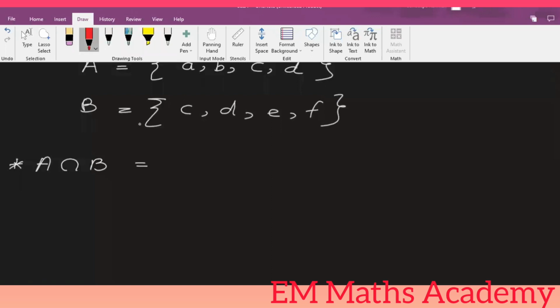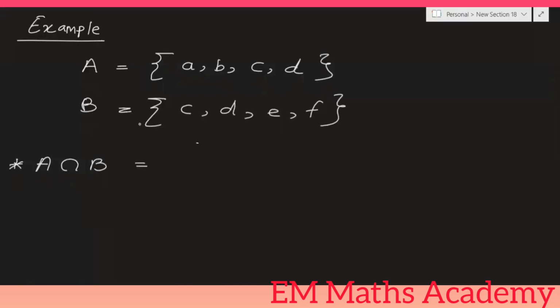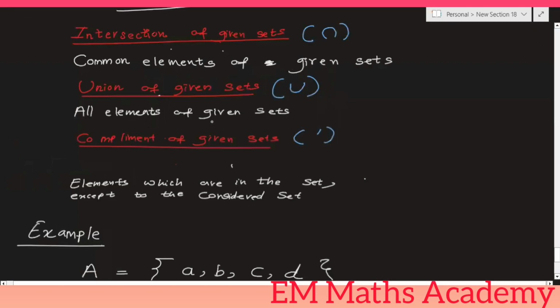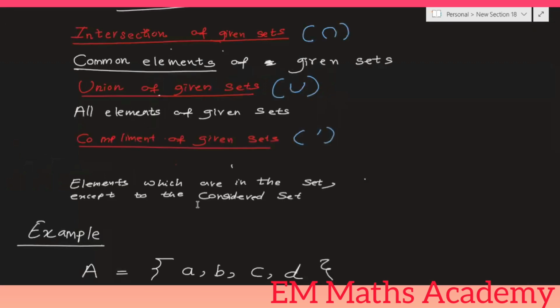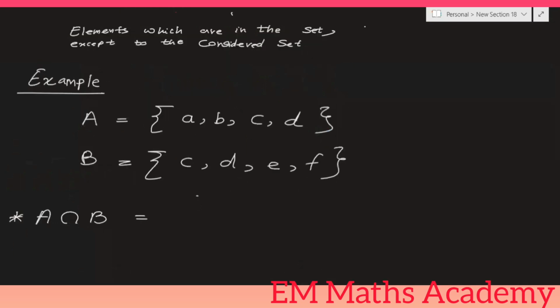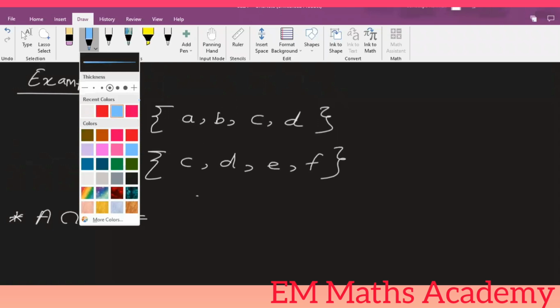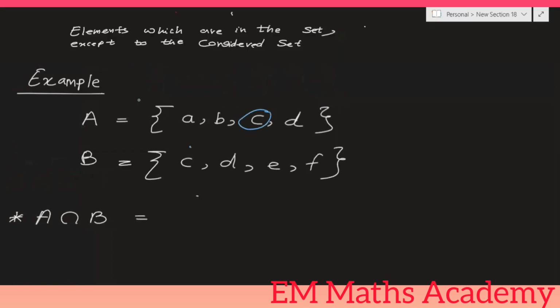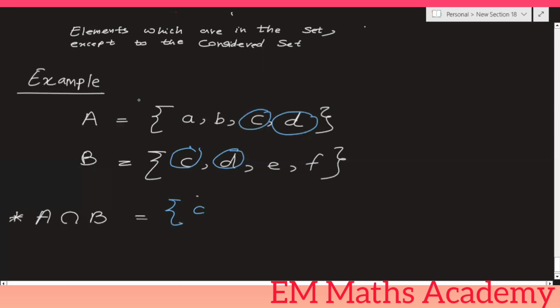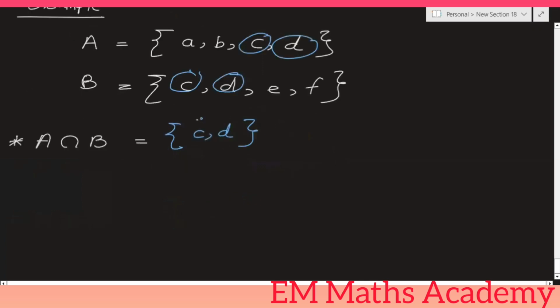A intersection B: look at what is common, and pick the common elements between A and B. C is common, so circle it. D is also common. So A intersection B is the set written with the elements common to A and B.